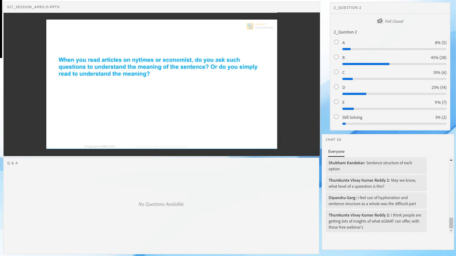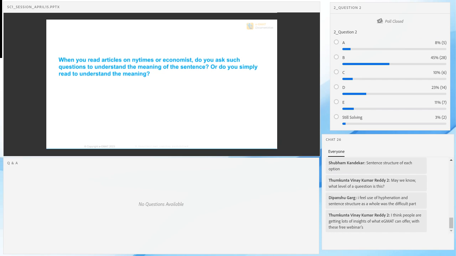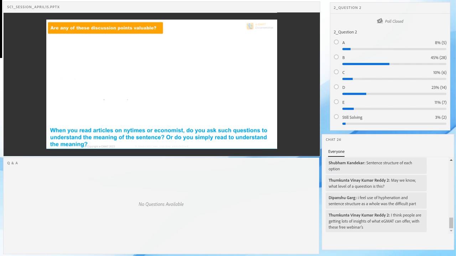I want you to ponder over some of these discussions: when you read articles in the New York Times or Economist or Business Week, do you ask such questions to understand the meaning of the sentence? Whenever you see yourself asking a certain question on a certain choice, ask yourself, will you ask the same question if you were simply reading an article in these trusted journals? And then see how that question is helping you understand the meaning.